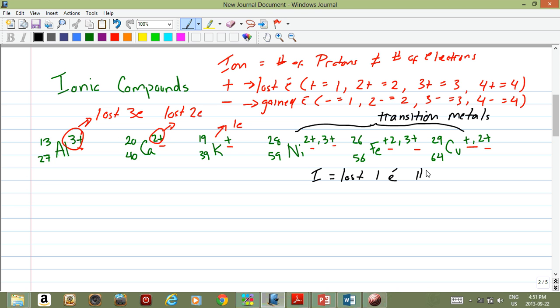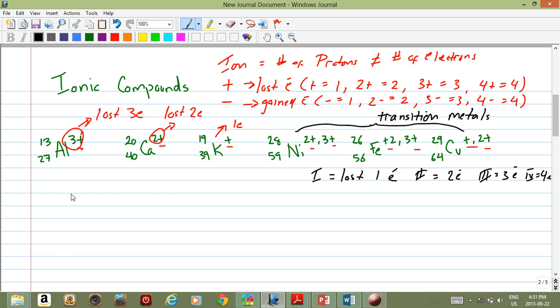If it lost 2, then we use the Roman numeral 2 to signify a loss of 2 electrons. 3 would indicate that it lost 3 electrons. And if it's a 4, that means it lost 4 electrons.